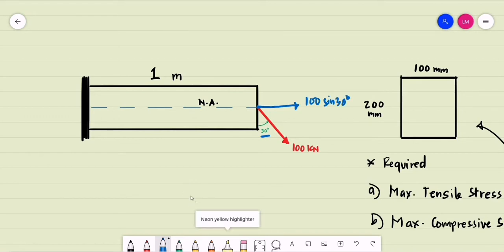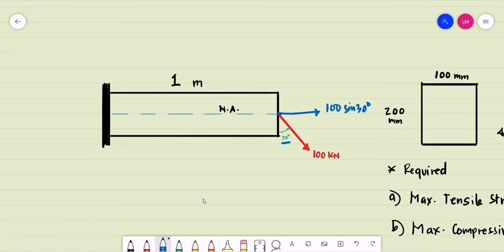If we do summation of forces horizontal to compute the horizontal support reaction of the cantilever beam, obviously the horizontal reaction is the same as 100 sine of 30 degrees. So what is the effect of this horizontal component? Basically, it is acting as an axial tensile force.